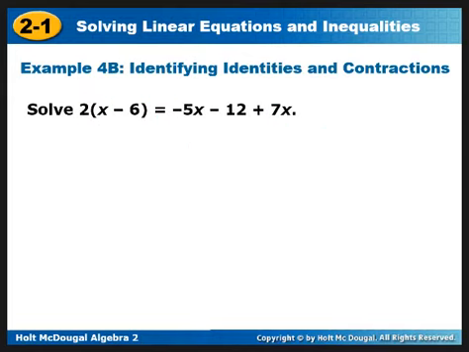All right, now that we've gone over a contradiction, we're going to take a look at what happens when you have an identity. So I'm just going to start this by distributing 2x minus 12, and on the other side I can combine the negative 5x and the 7x, and get 2x minus 12.